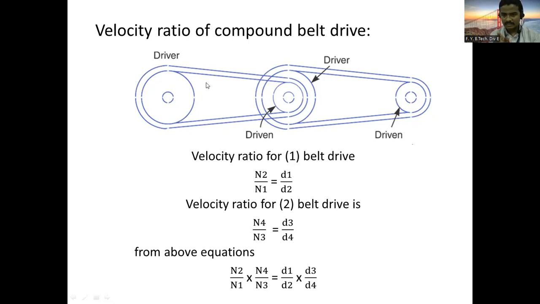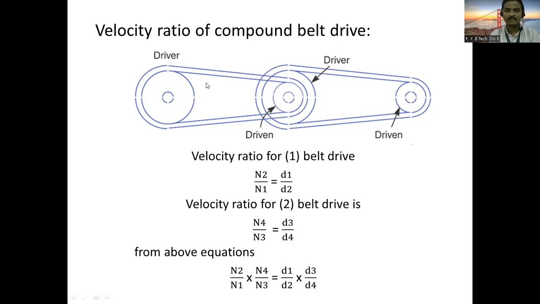Now we know that if we see the intermediate shaft or the middle shaft on which two pulleys are mounted, what about the speed? Is it same or different for both pulleys, pulley number 2 and pulley number 3? Same. So can we say N2 equal to N3? Yes.